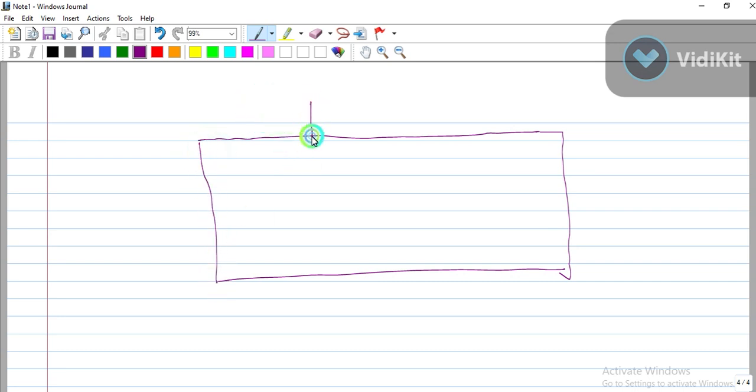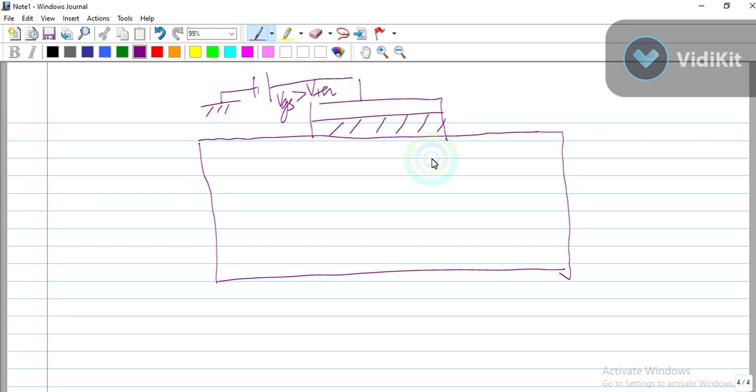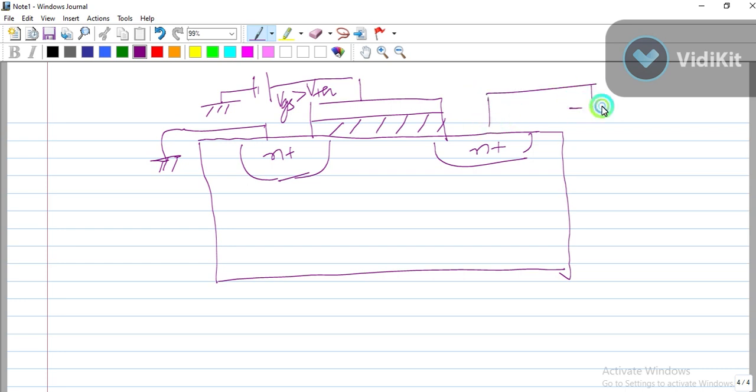Okay, and this is the dielectric, the gate voltage, and it is VGS greater than VTH, and the source voltage is 0.